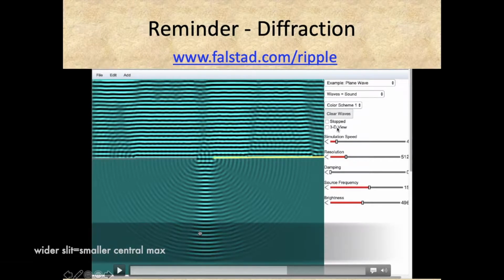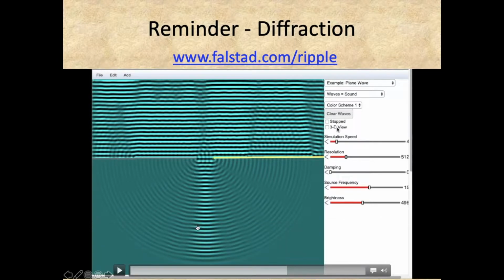Even bigger gap. Please observe that this central bright region, as we call it in physics, has gotten smaller. I made the gap bigger, and this section got smaller, and here is the first destructive interference. Here would be the first destructive interference on the other side of the central maximum. Let's make the gap even bigger.